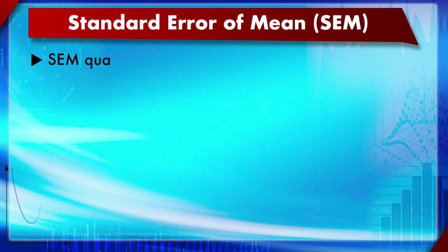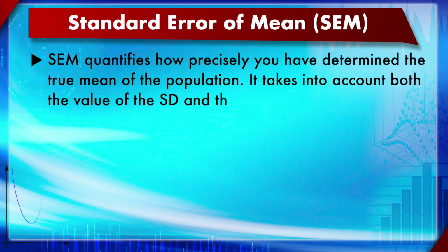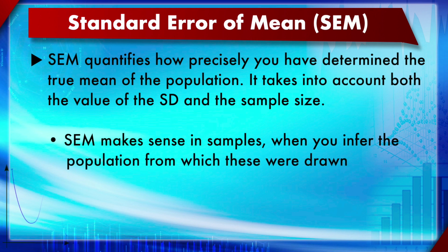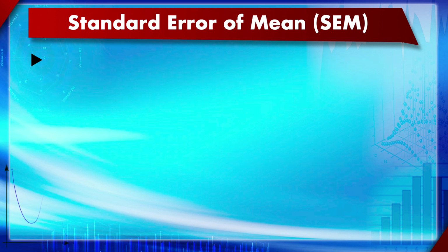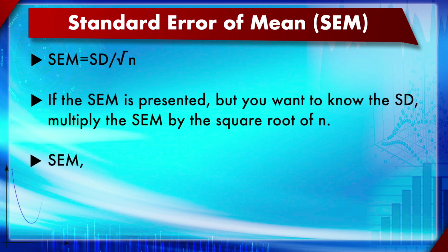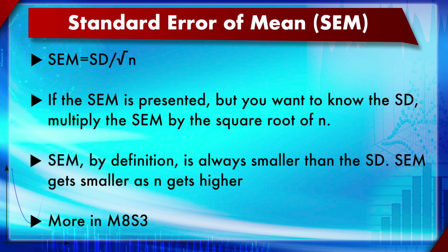Next is the standard error of the mean, or SEM. It quantifies how precisely you have determined the true mean of the population. It takes into account both the standard deviation and the sample size, because SEM is calculated as the standard deviation divided by the square root of n.